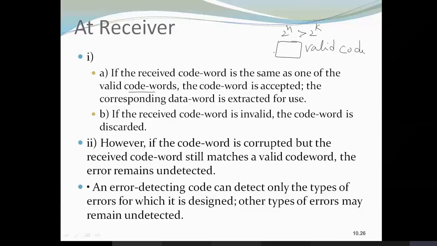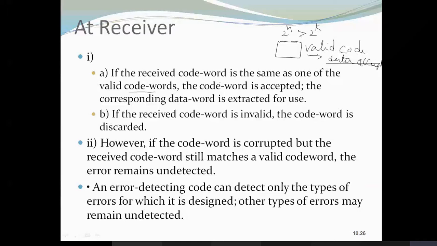Whatever data is sent by the sender, in the form of a code word, should match with any of these valid code words. If it is matching, then that particular data is accepted.